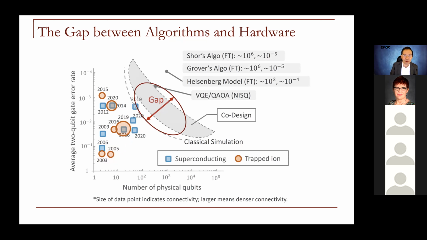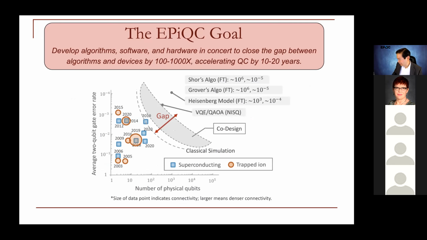And our project was created with this goal of what we call the EPIC goal, right? So we want to develop algorithms, software, and hardware in a sort of co-designed way that will close the gap between algorithms and devices by a very large factor. Our goal was 100 to 1000x. And if we really got 1000x, that would be 10 to 20 years of hardware development, right?